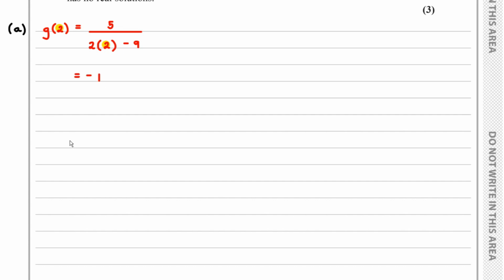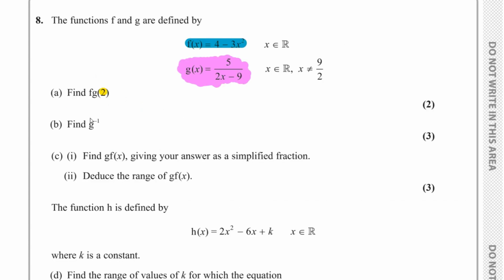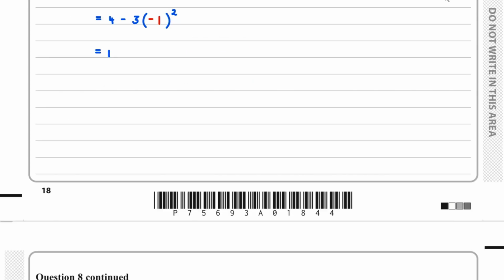So now, to find f of g of 2, that is the same as finding f of negative 1. So, we have 4 subtract 3 multiplied by negative 1 squared, which is equal to 1. Part B, find the inverse of g. Well, our first step would be to replace the g of x with y.